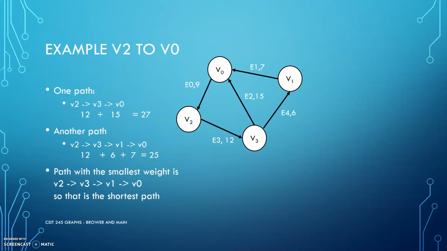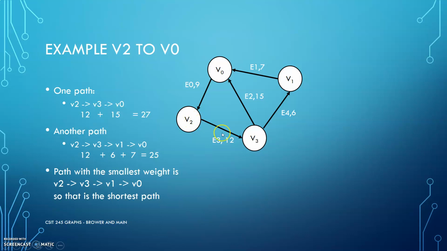And the last slide I left off at was this one as a way of illustrating two possible shortest paths. If we're at vertex 2 and we're trying to go to vertex 0, one way we can go there is by taking this path and we incur a cost along the way.